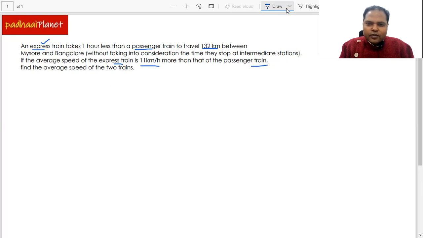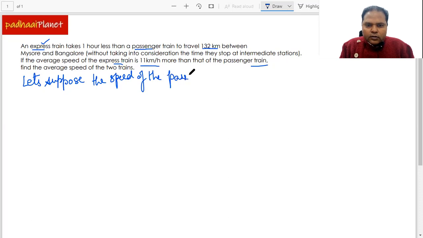Let's first suppose the speed of the passenger train is x kilometers per hour.